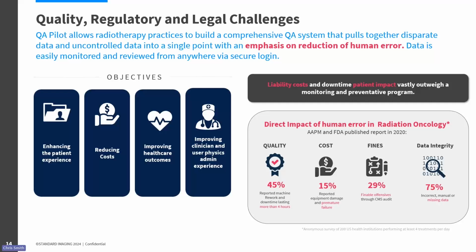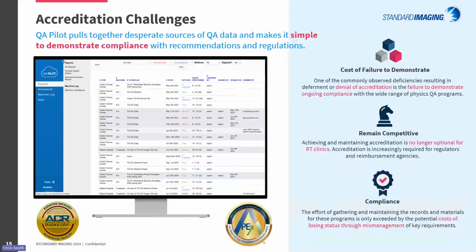So we know that human error and data disparity is a real issue right now in the industry, and we can help with those by creating a really good trail of data and opportunity so that we can view them and always refer back to them when we need to.